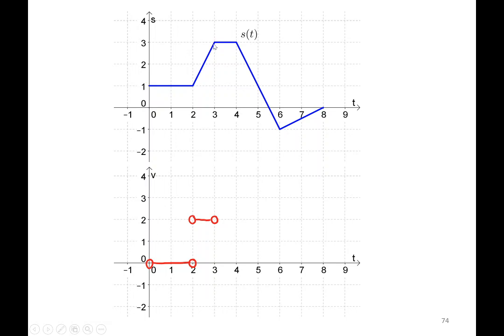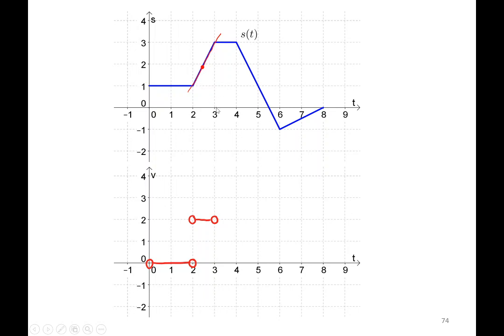Remember, you can think about the velocity as the slope of the tangent line at any point. If you look at the tangent lines here, at about t equals 2.5, the slope of that tangent line is going to be the same as the slope of this line from t equals 2 to t equals 3. And the slope of that line is rise over run. It's 2 over 1, which is 2. And that's true of any point on this part of the line.